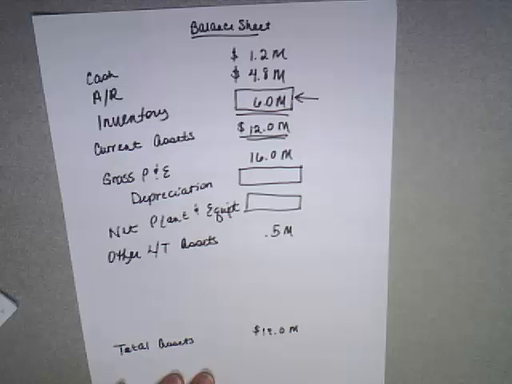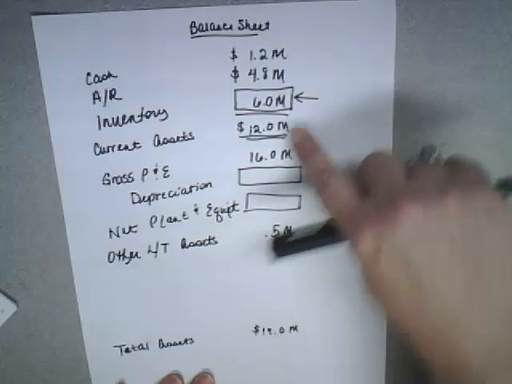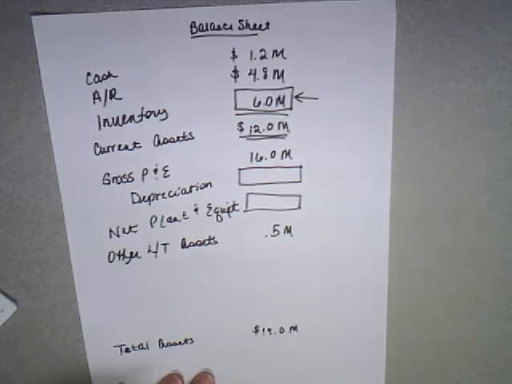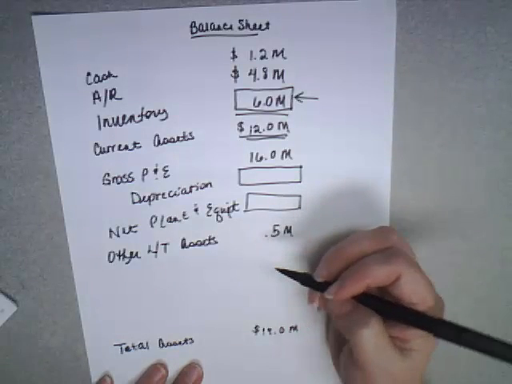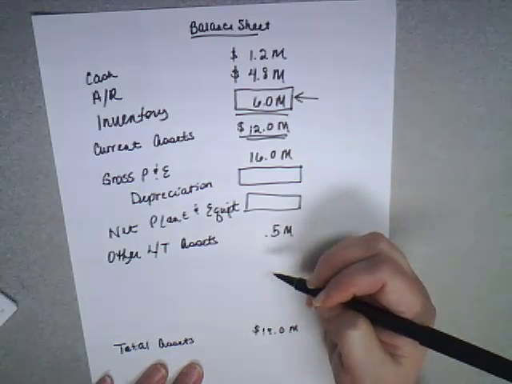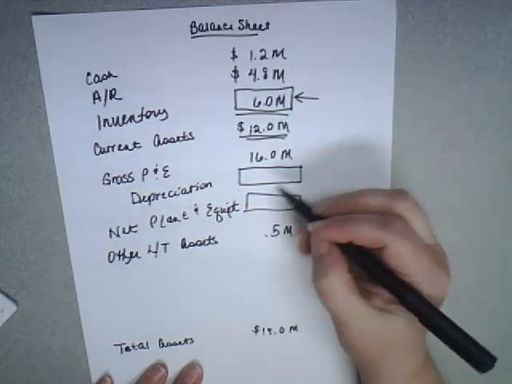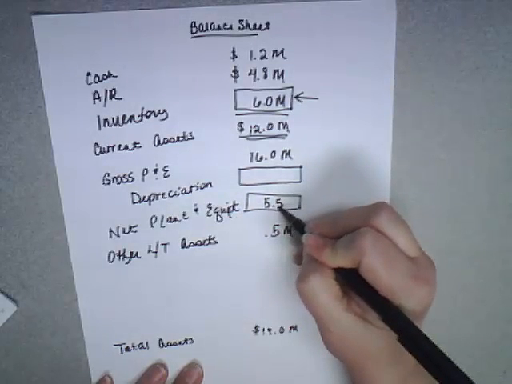So we're going to take 18 million, subtract $500,000, and subtract 12 million. That's going to give us a net plant and equipment of 5.5 million.